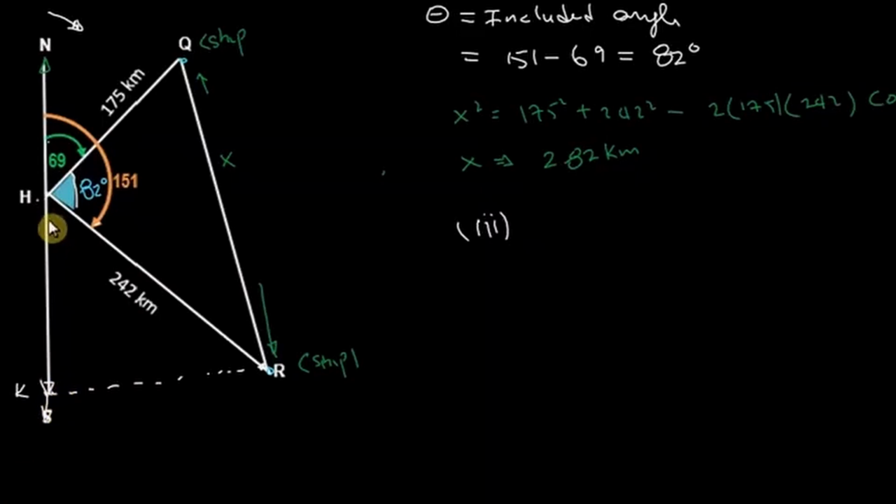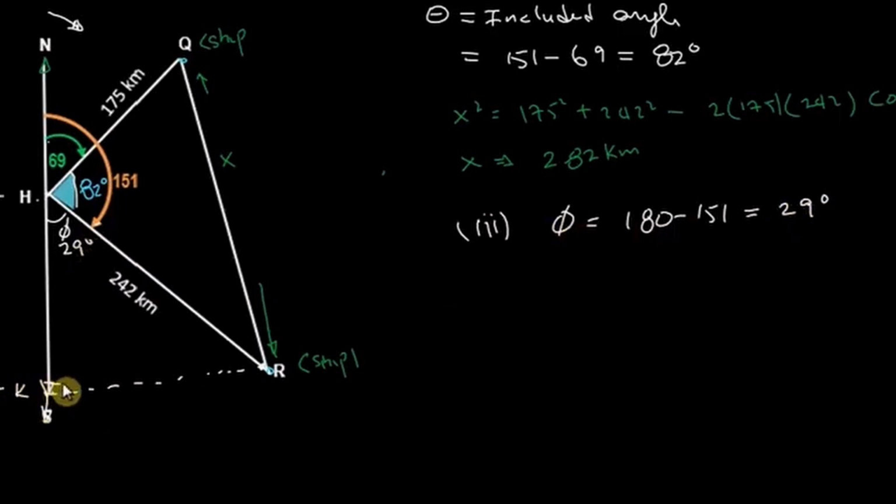So we would need to know this angle, which we do because this is 151. So let's call this angle phi. So we could say phi is equal to 180 minus 151, which is equal to 29 degrees. So we could write here 29 degrees.